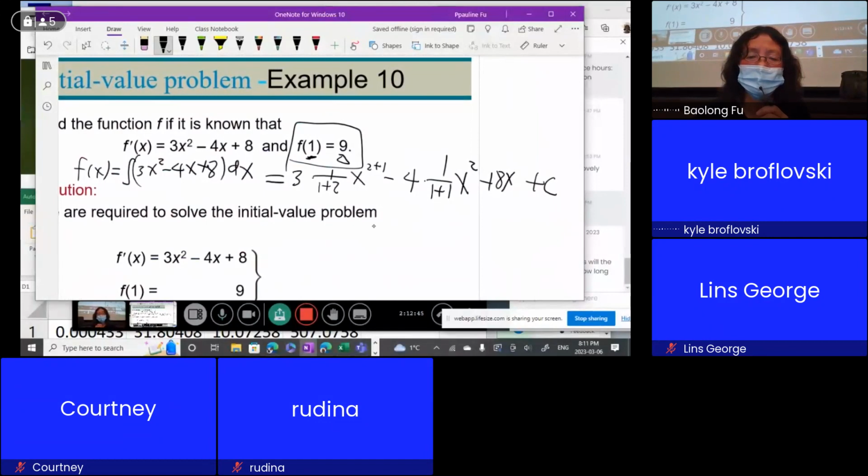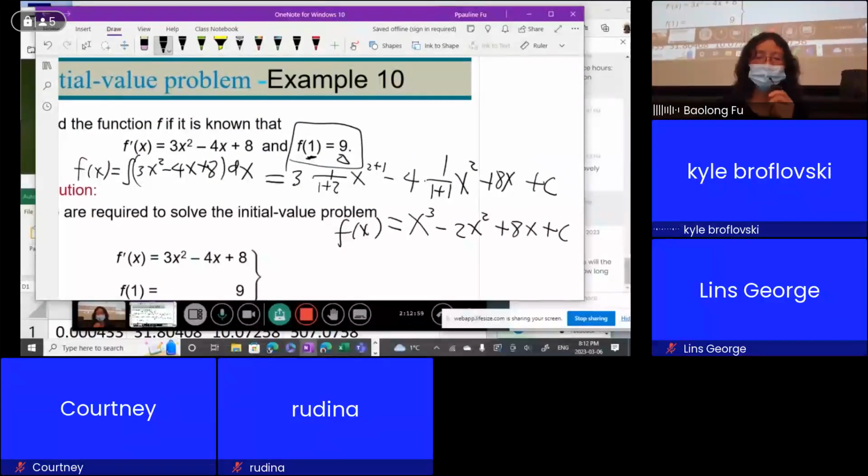So further simplify, the 3 cancels out: x cubed minus 2x squared plus 8x plus c. So this is f of x. Just take the integral, you found f of x.